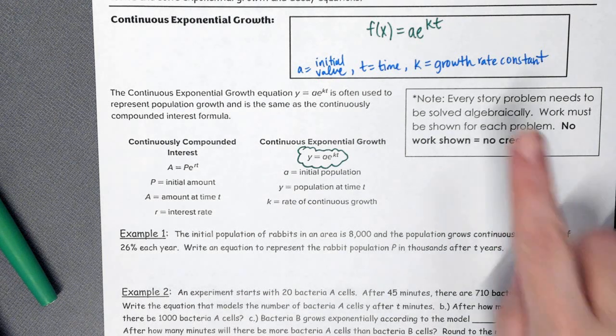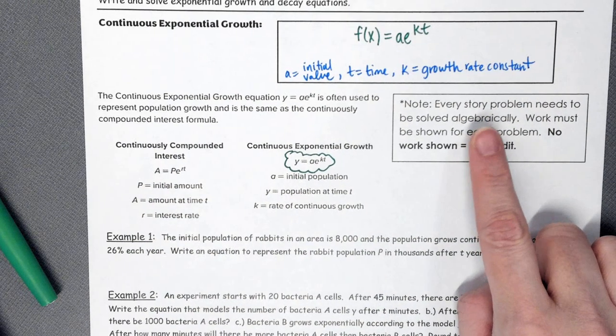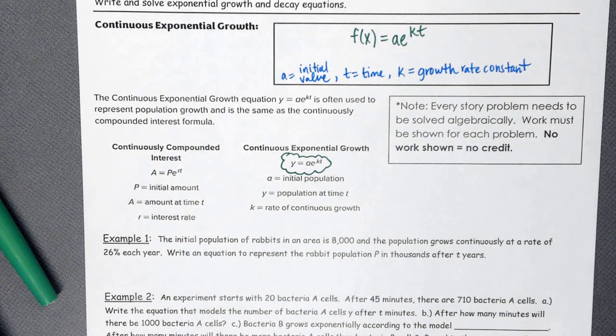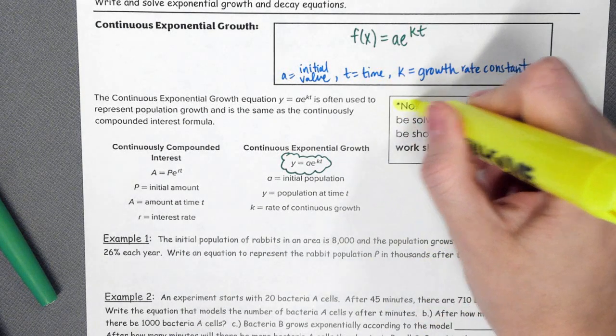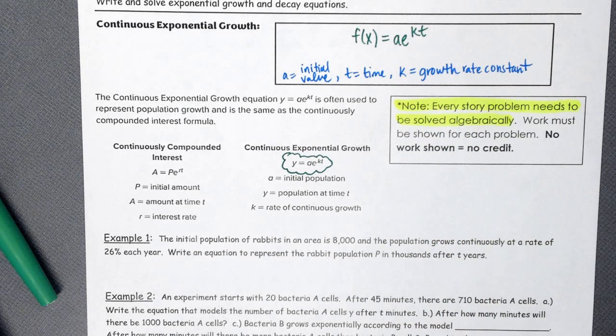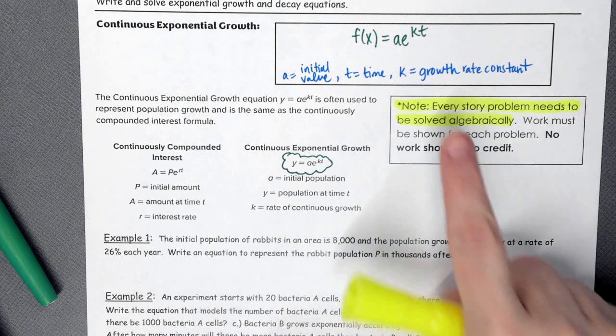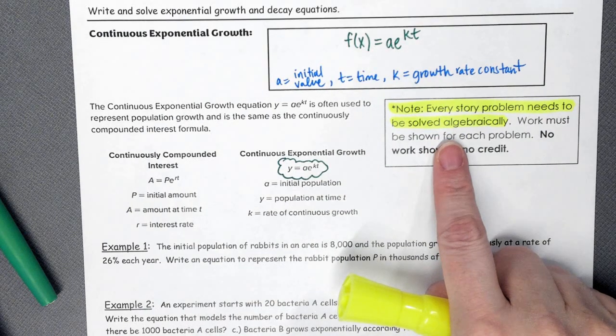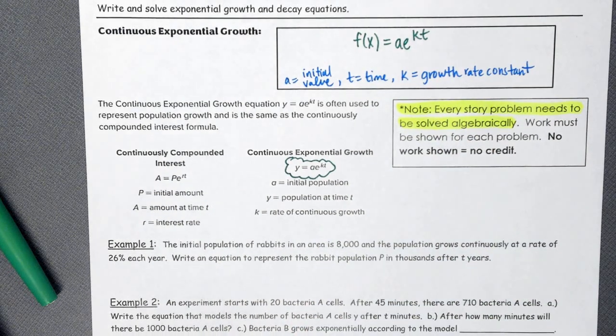Okay, and then one thing that we're going to focus on today in our notes, and what you'll have to do on your homework if you want full credit, is that you have to solve each one of these story problems with algebra. We've gone over several ways to solve different equations this year. This whole chapter is about logs, and so you are going to have to solve using logs.